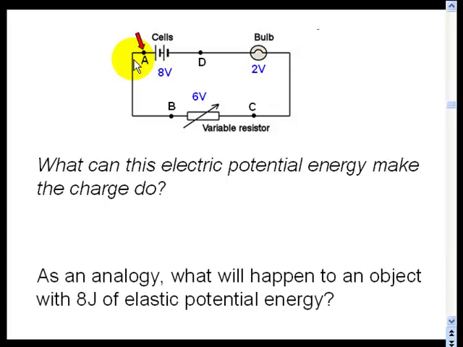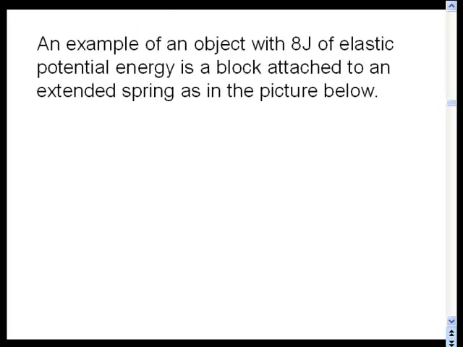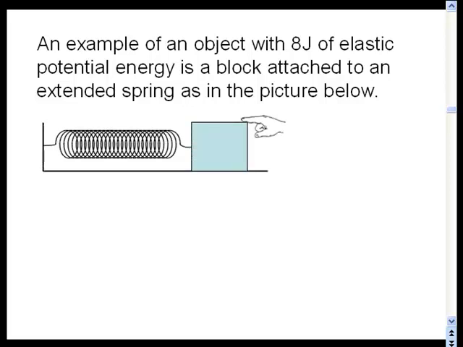To help you, as an analogy, what will happen to an object with 8 joules of elastic potential energy? An example of an object with 8 joules of elastic potential energy is a block attached to an extended spring, as in the picture below.